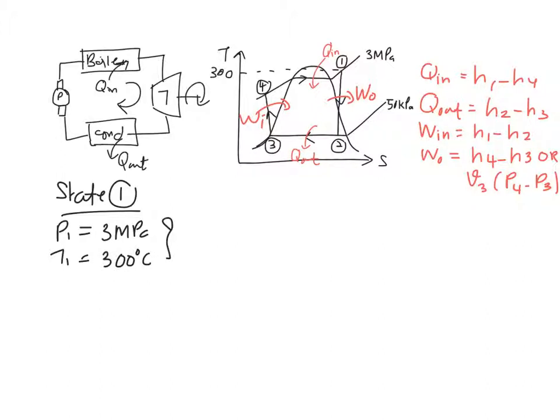So you will need to read your properties from table A6. What are we looking for? We are looking for your H1 because it will be needed in finding your Q in, as well as your work in. And also, you are going to need the value of your S1.